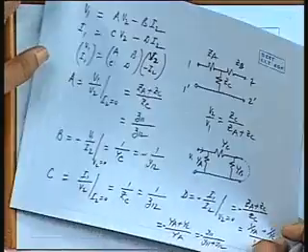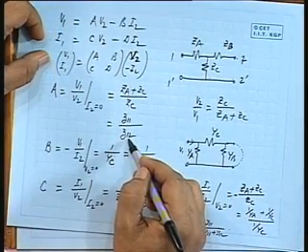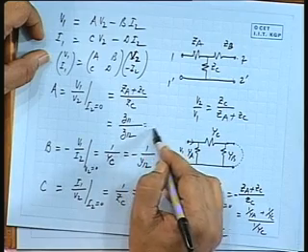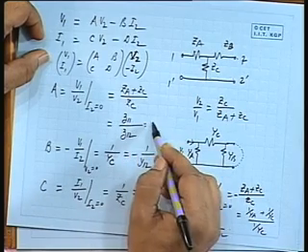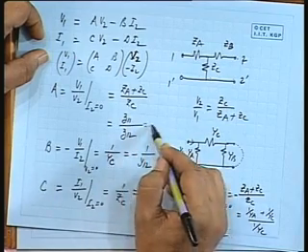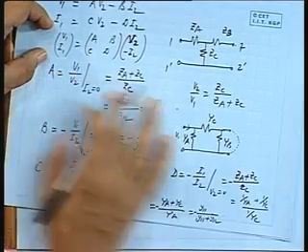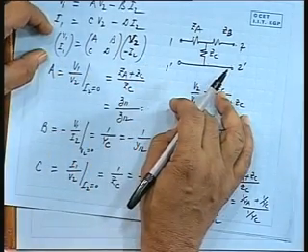Now, I have written A in terms of Z11 and Z12. Can you write it totally in terms of Y's? Z11 you can write in terms of Y, Z12 you can write in terms of Y. So, it should finally be converted to all Y's. Similarly, I must have A in terms of all Z's as well as all Y's.